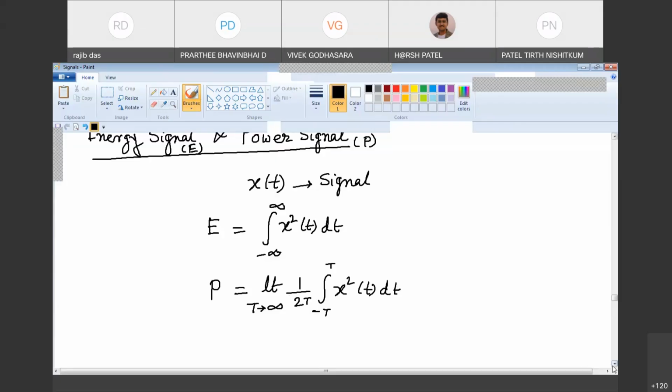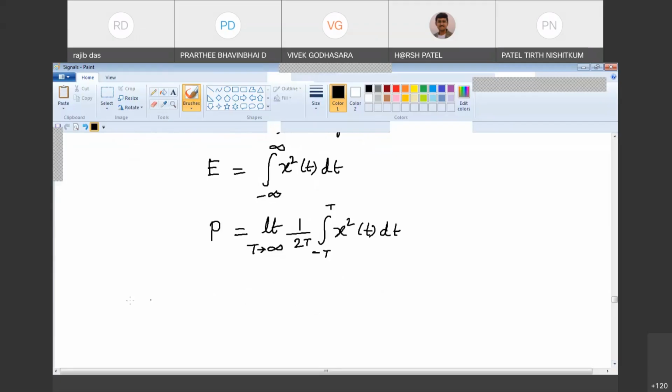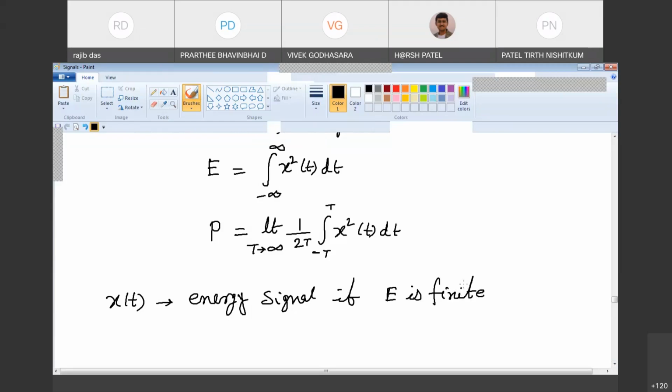And now x(t) will be called an energy signal if E is finite. A signal will be called an energy signal if its energy is finite. If you can find the energy within a finite level, then obviously we can call it an energy signal.